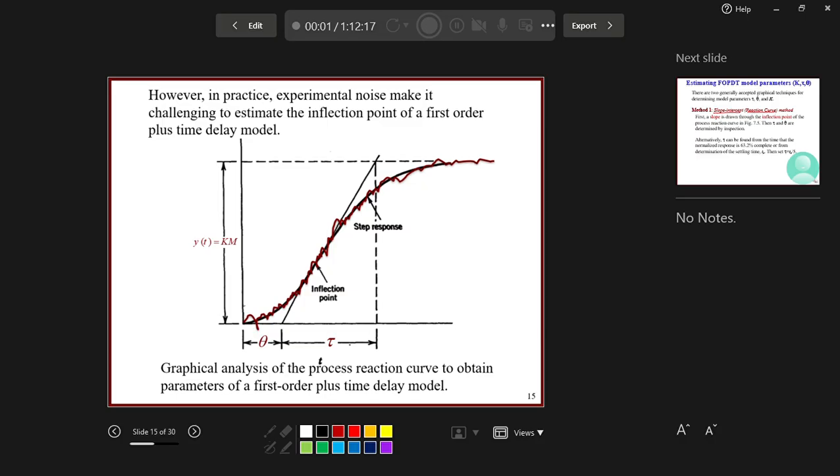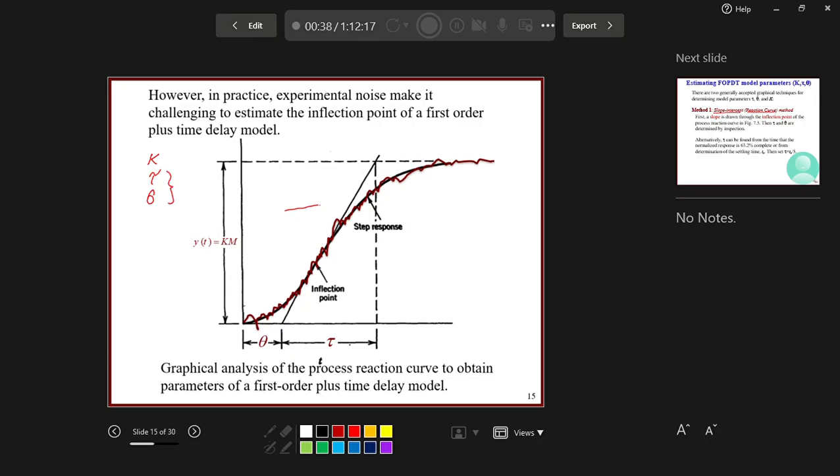In practice, the data collected will not be smooth. You will probably have data like the one shown here. You can see these noisy points. When we try to fit a first order model to this data, we have to find three things. We need to find k, which can actually be calculated easily. However, tau and theta are sometimes challenging to find.